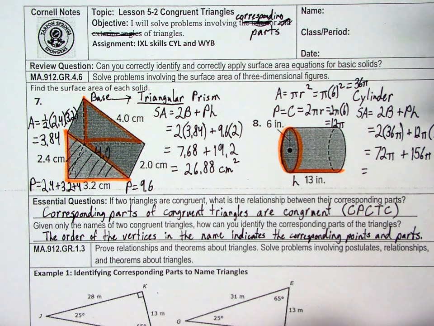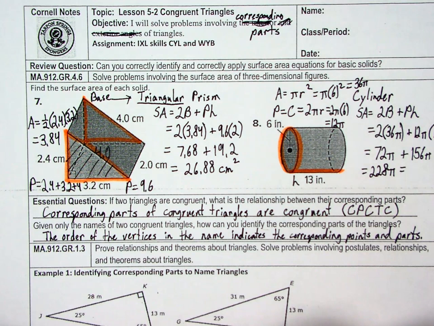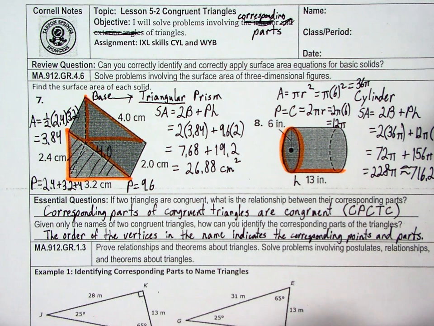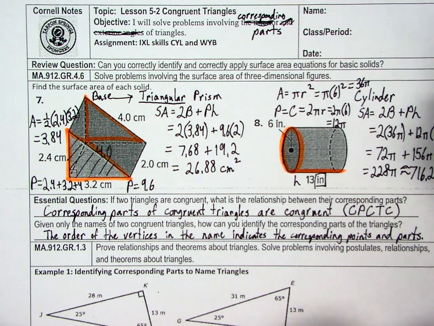Add those together, we get 228 pi, which, if we then properly do on a calculator, is 716.28, and we're sort of rounding off there. Since it was area, we'd be measuring this in inches squared.